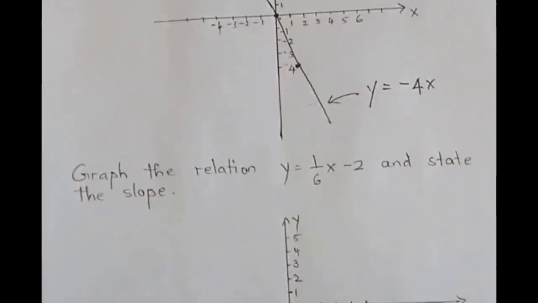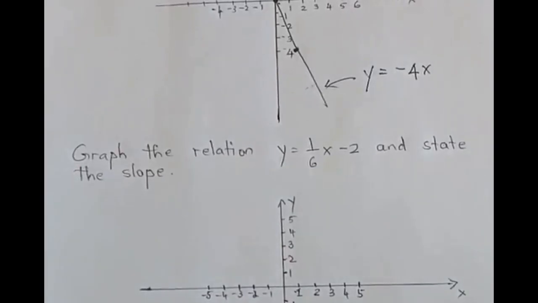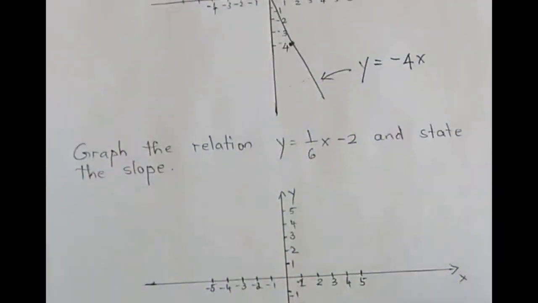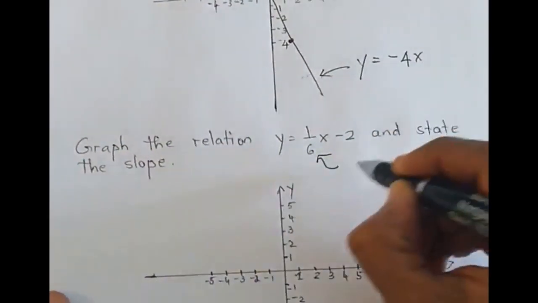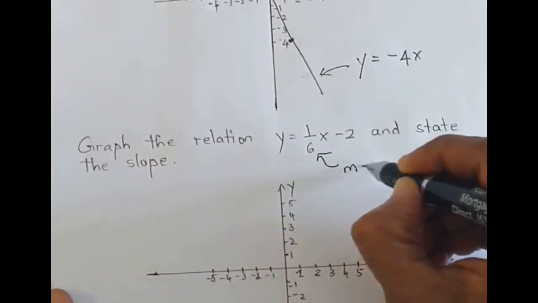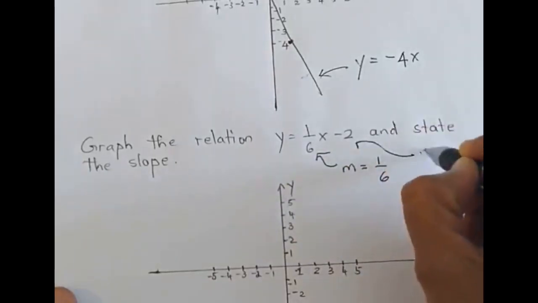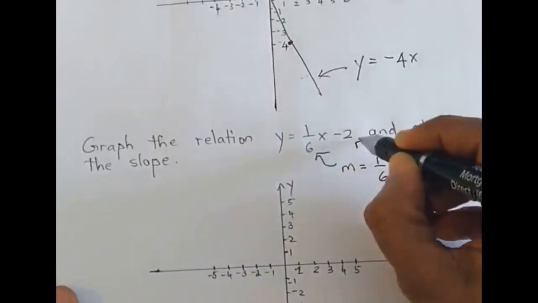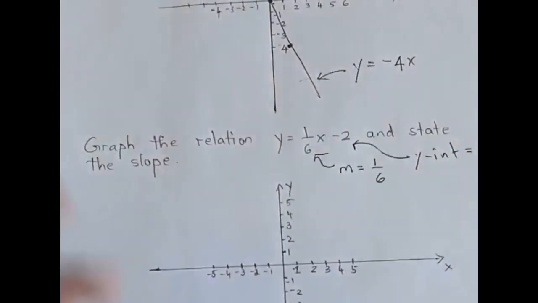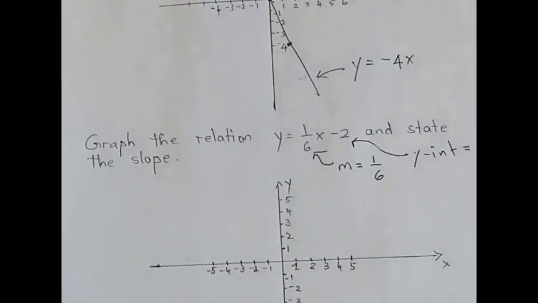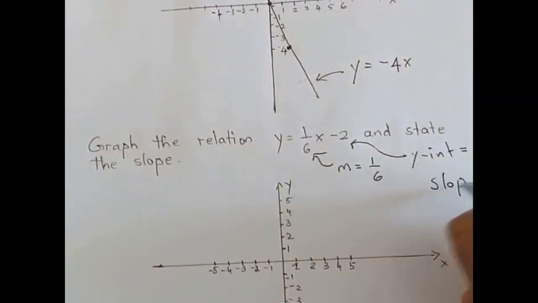Let's look at the second question. Graph the relation y equals 1 over 6x minus 2 and state the slope. Let's find what the slope is. This is going to be the slope, 1 over 6, and that's the y-intercept. So we have identified the y-intercept, which is negative 2, and the slope, which is 1 over 6.